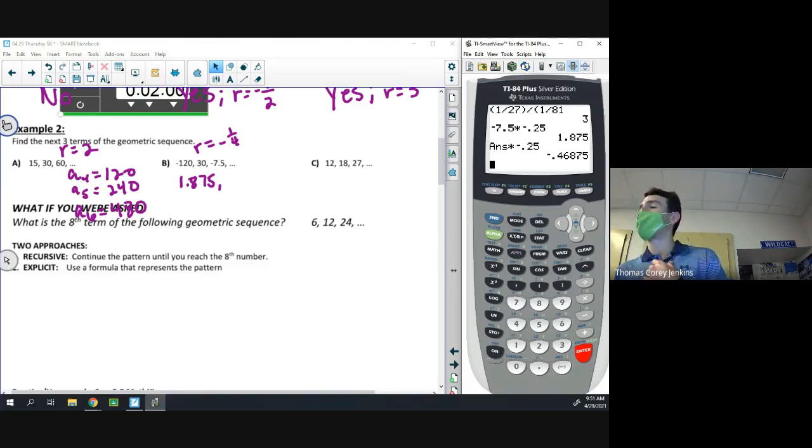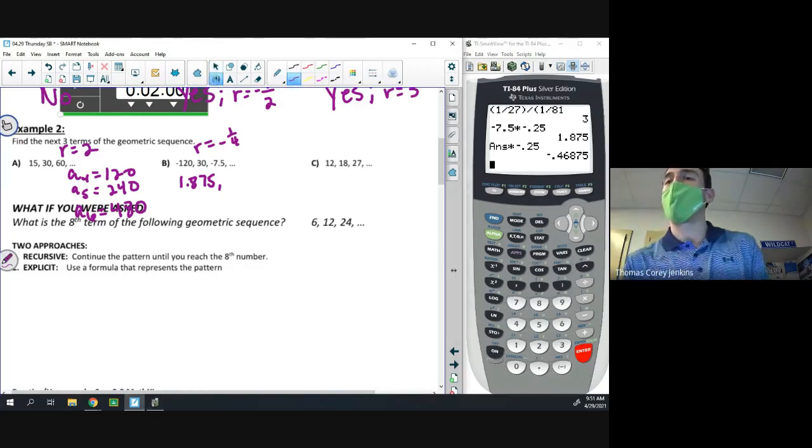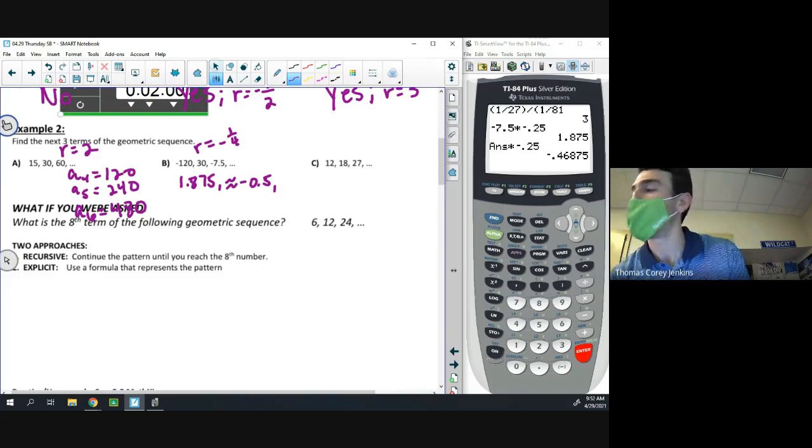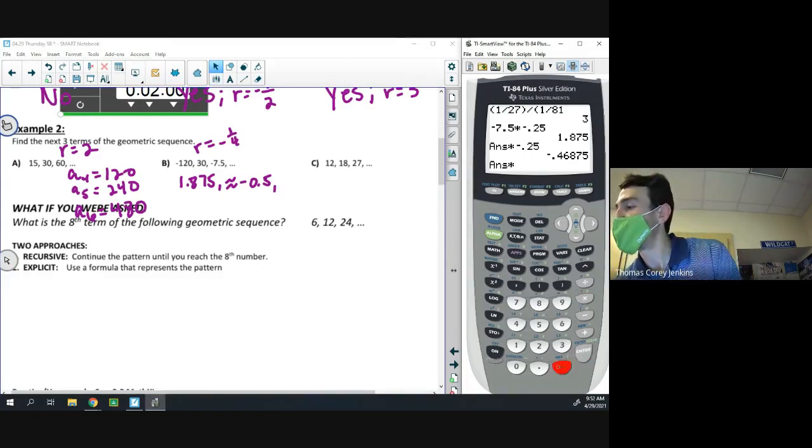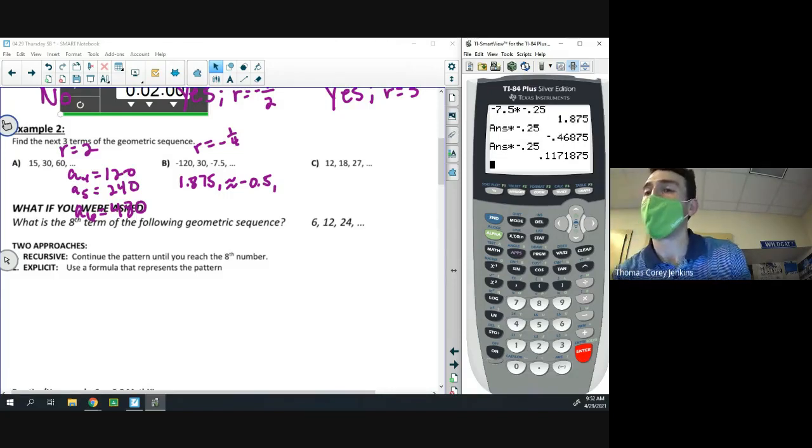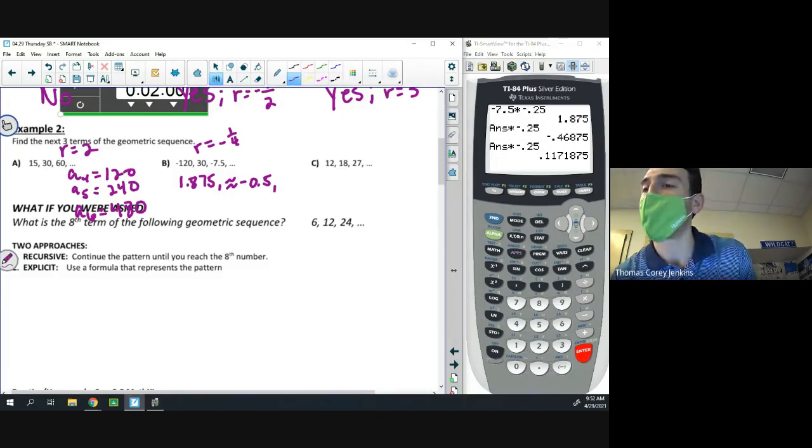And what we're going to see are some pretty big decimals. You can write all those out if you want. I'm just going to round. So we'll say that's about negative 0.5. And then times negative 0.25 one more time is going to be about 0.1. So again, notice the alternating signs there. We go from positive to negative, and that continues on.